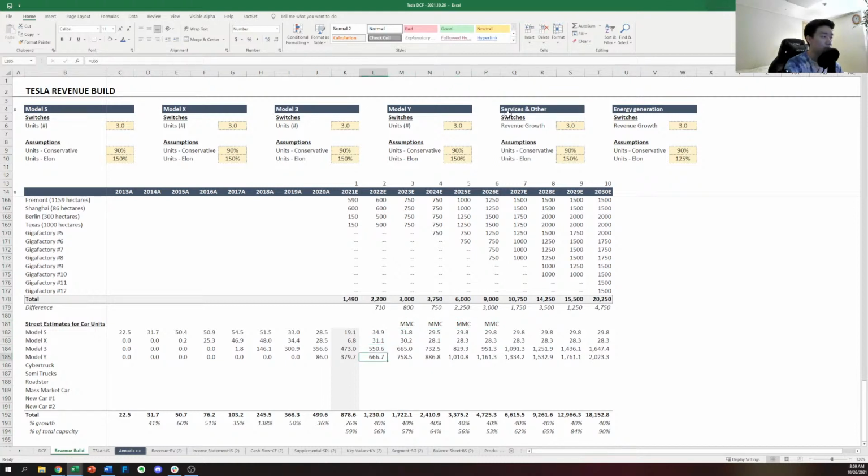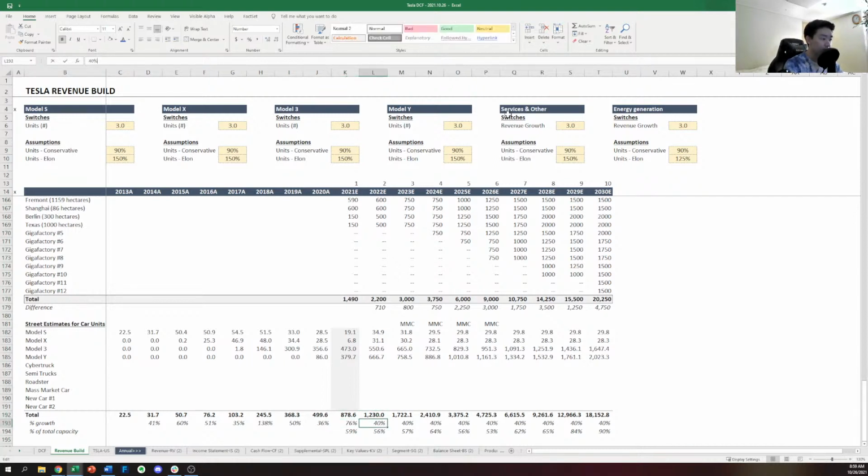In 2022 and 2023, there still will be pretty big growth, I think, as you guys probably saw with Hertz, they're going to be buying 100,000 cars from Tesla. That kind of stuff might happen more, who knows, a company like Uber might try to buy a lot. And the purpose of a revenue build is to eventually flow it into your DCF. So that's pretty much what we're doing here.